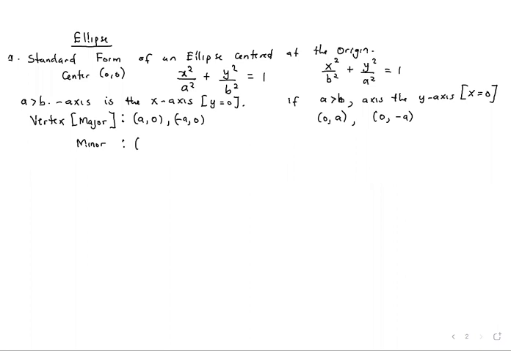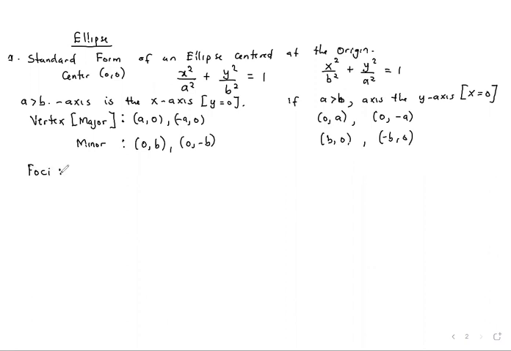The b should be on the y, so 0 comma b or 0 comma negative b. And then same thing here. Now it will be b comma 0 and negative b comma 0. That's for the minor. Then you go for the foci.